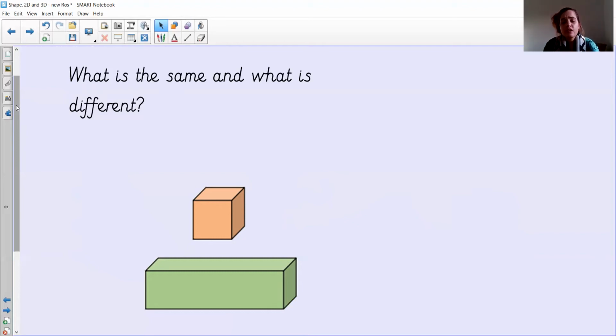Things that are different, we may say that this shape here is smaller. We may say that this shape here is longer than the first shape. There are lots of things that we can find that are similar and different about these 2 shapes.